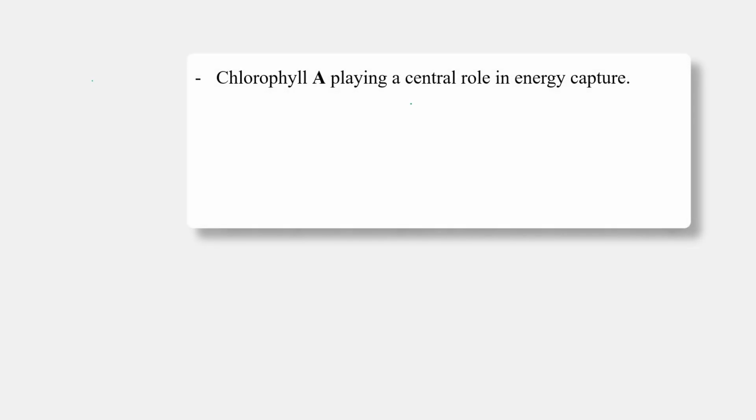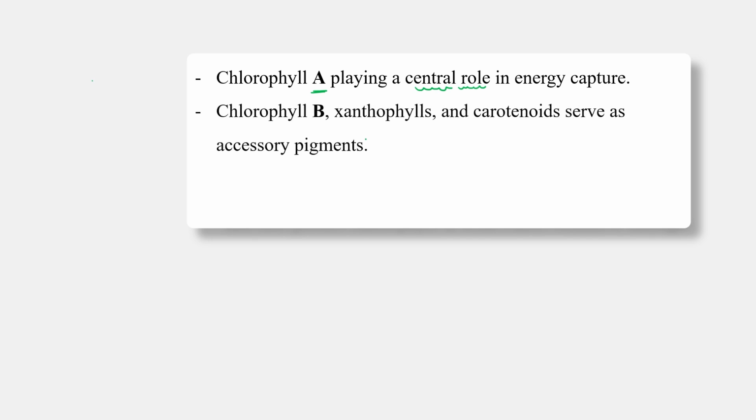Now, after comparing both graphs, we can easily conclude that chlorophyll A plays a central role in light energy capture. This is the main pigment which captures energy, followed by chlorophyll B and then xanthophyll and carotenoid.